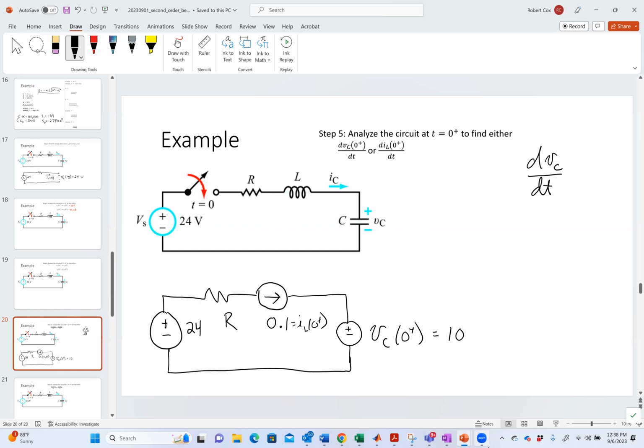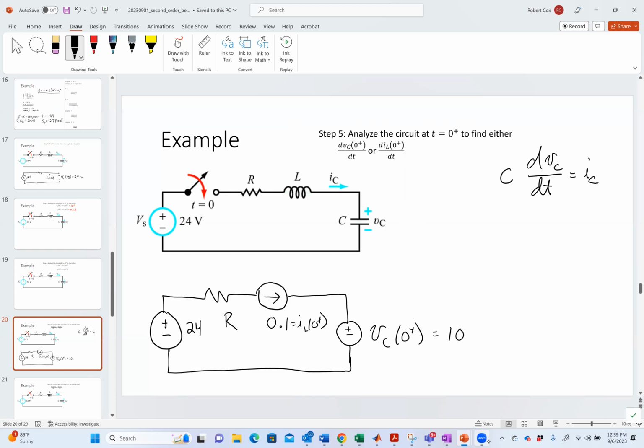What's that related to? What can I solve for in the circuit to give me that? I see, right? Because I have C dV/dt equal to I sub C. So what I really want to find out is what is the capacitor current at this time?